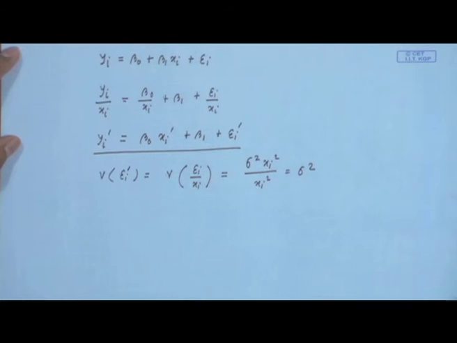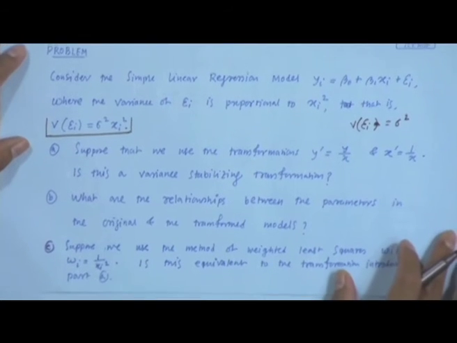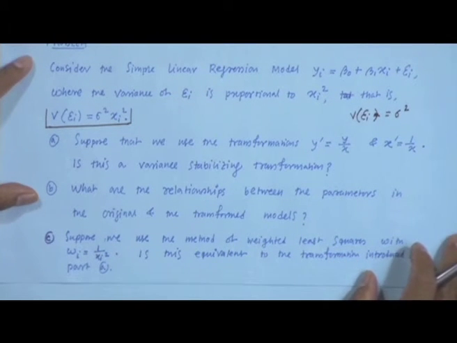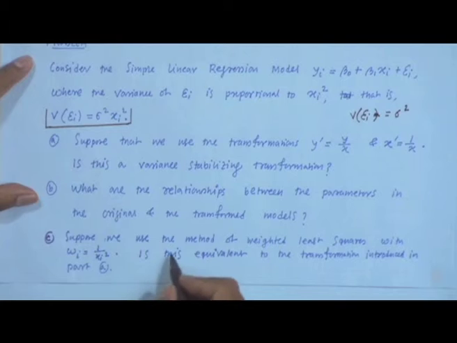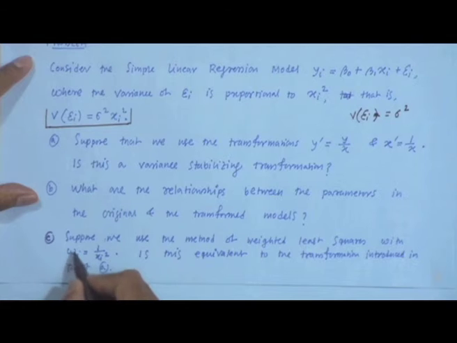So, the next problem is that suppose we use the method of weighted least square with w_i equal to 1 by x_i square. Please recall what is weighted least square.